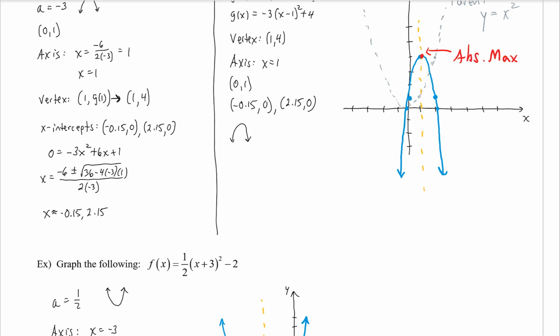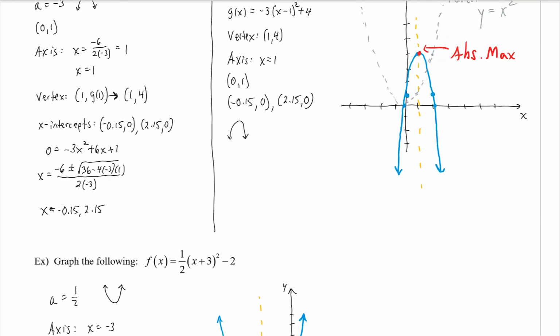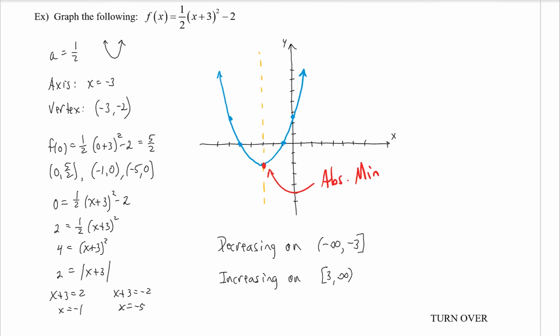So we talked about how functions can have relative max and min values and absolute max and min, and parabolas always have an absolute max or min, and relative. It's technically both, right? That's a relative max, and this is a relative min. But parabolas will always have that.